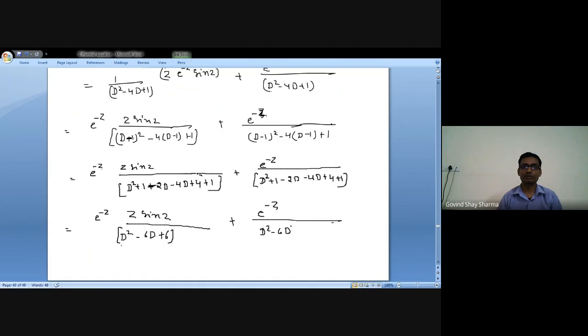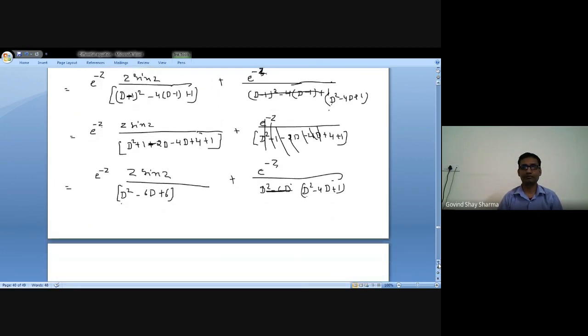Here we can write D square minus 2D as it is, no change, because this is the case of e to the power alpha z.